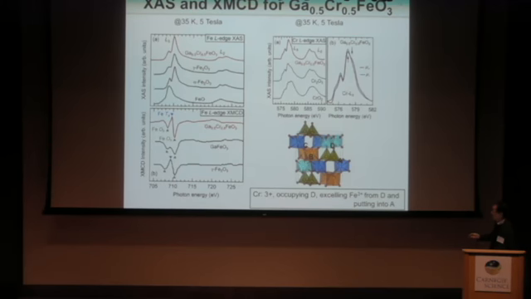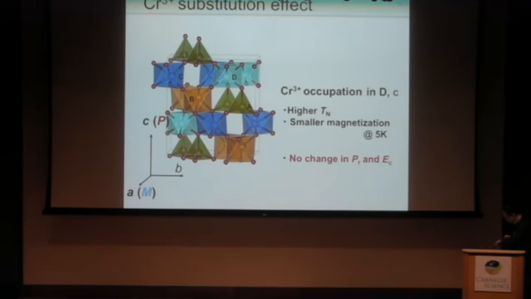So it means that when chromium is substituted, the iron ion in the octahedral site is expelled from the octahedral site and can occupy the tetrahedral site.